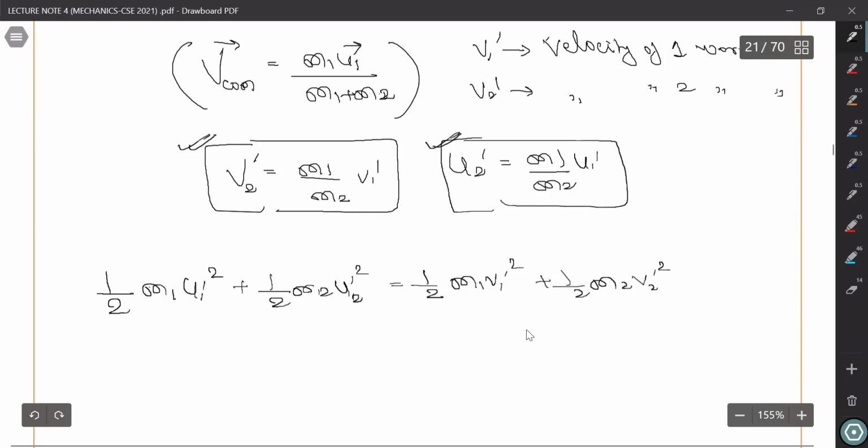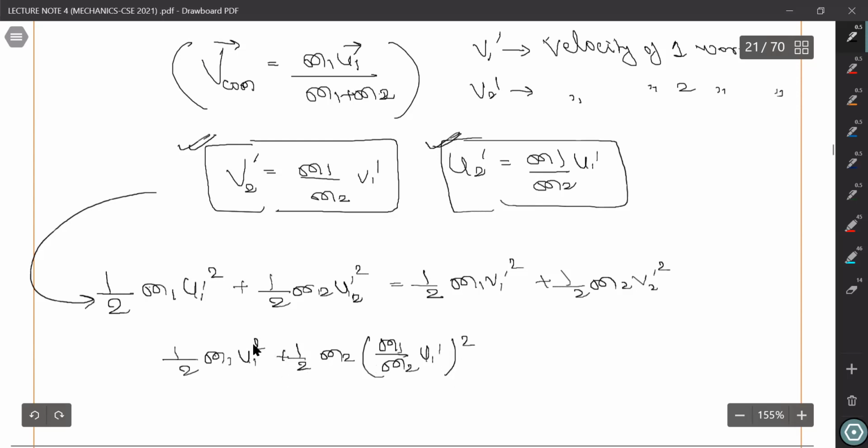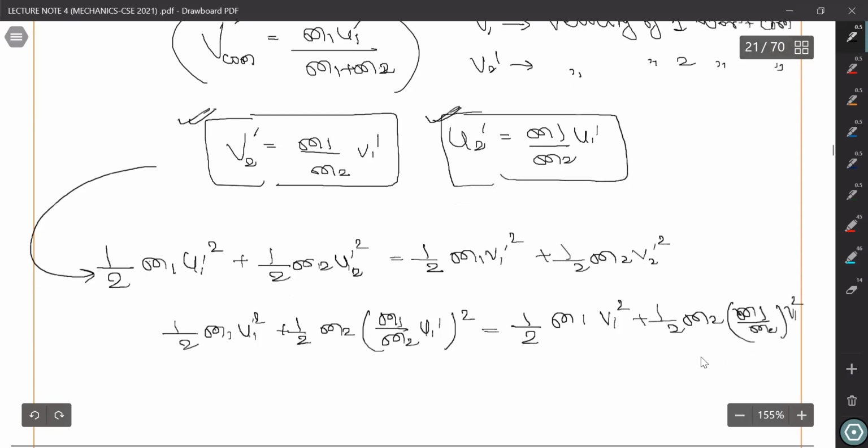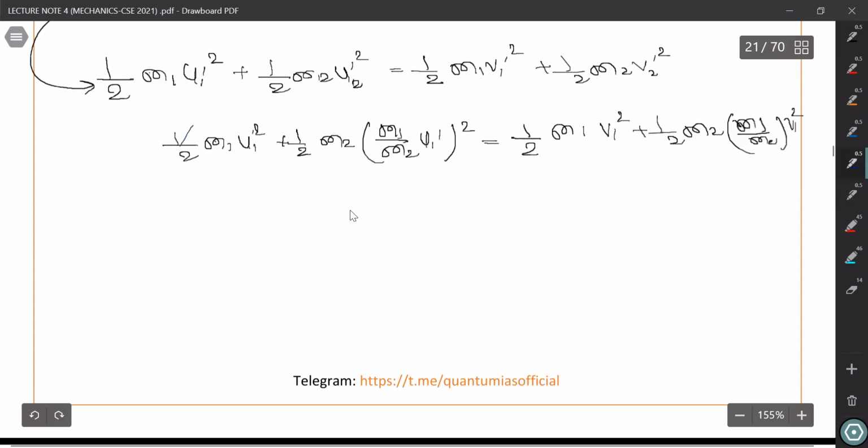If you put in u2 dash equals m1 by m2 u1 dash, and v2 dash equals m1 by m2 v1 dash, this will cancel out, and it turns out that u1 dash equals v1 dash, and it is of much use.